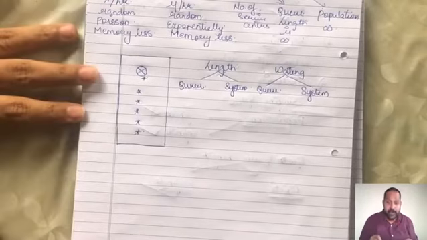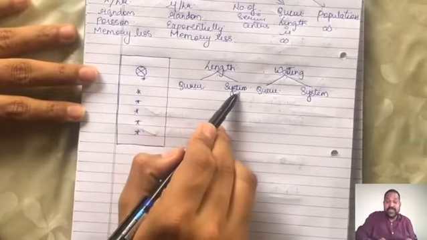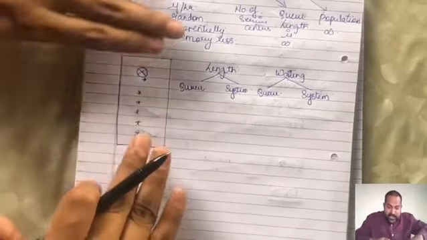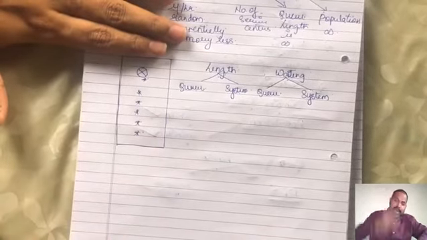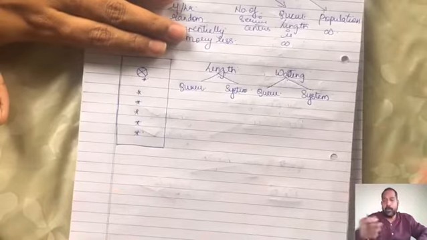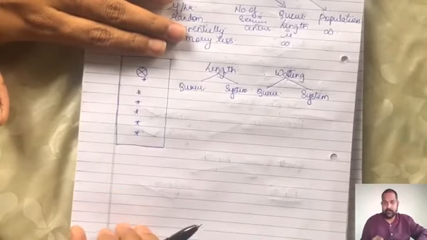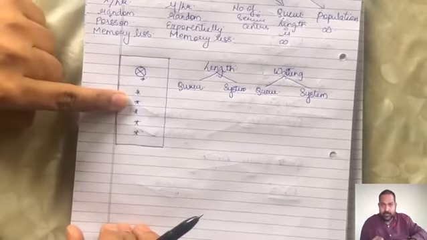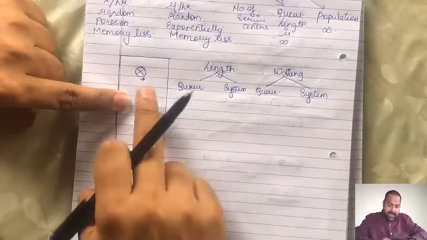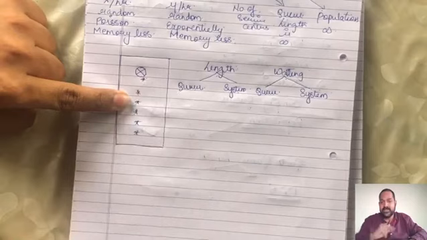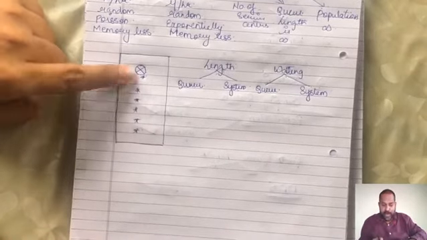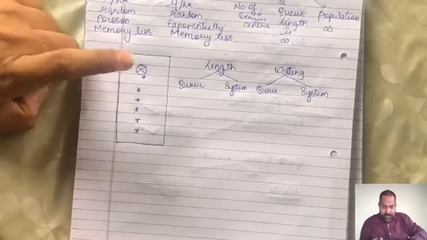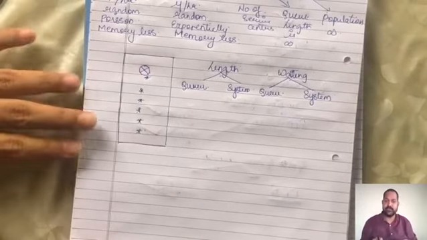But when you ask me what is the length of the system, you are asking me if I shut down the entire system right now, how many people are there in it? Well, then there are these people who are standing in queue and another extra person who is getting the service. So that person is not in queue. That person is getting service.